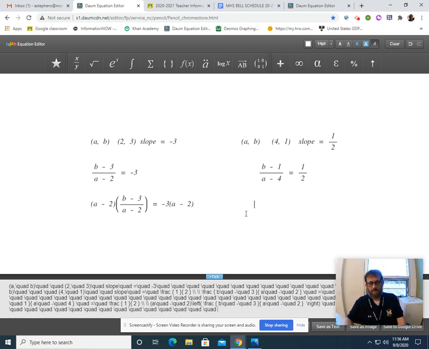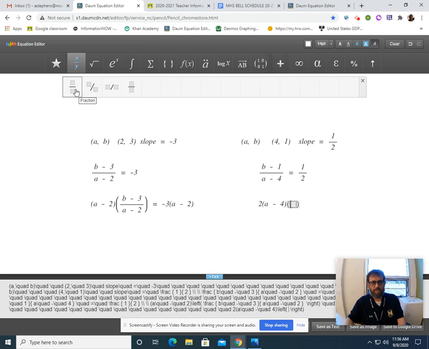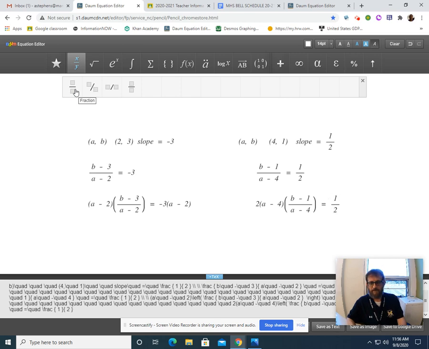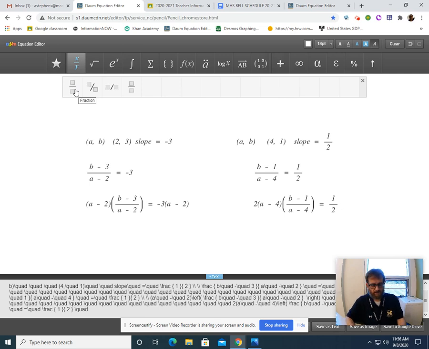And likewise over here, I'm going to do the exact same thing, except I'm going to multiply both sides by the common denominator. So I'm going to multiply by 2 times (a minus 4). That's going to be multiplied by this fraction, (b minus 1) over (a minus 4), equals, and again, I have the fraction 1/2 times this thing that I just multiplied by.